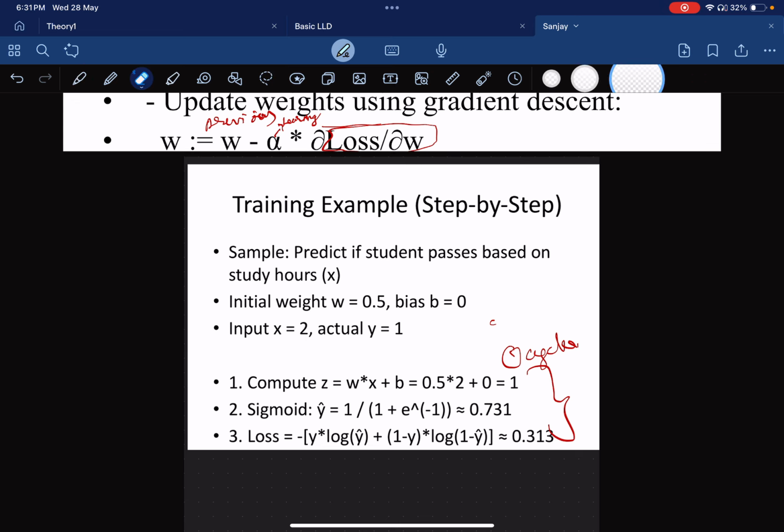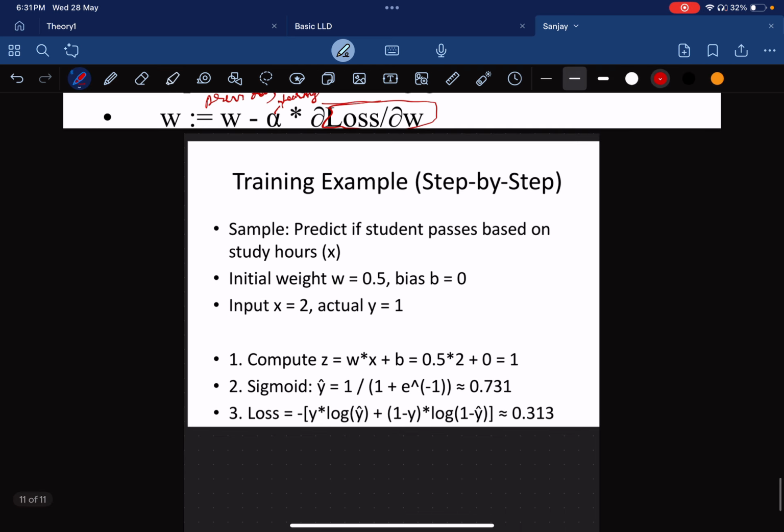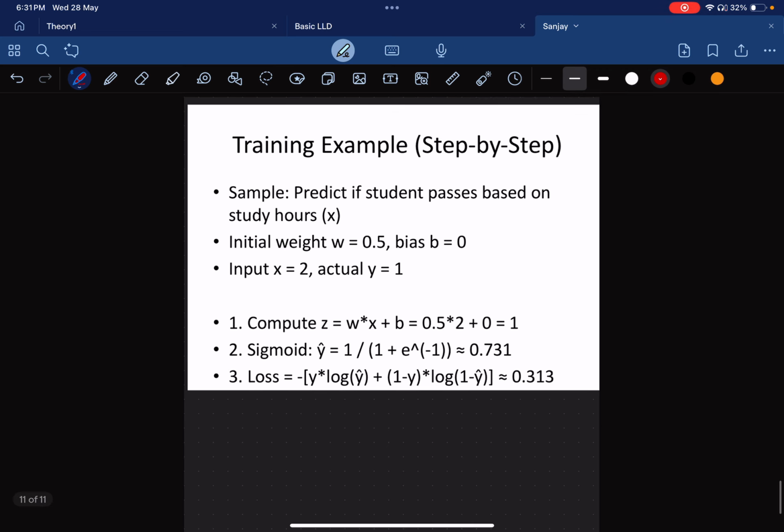Once again, these are the sample steps. First, the model will predict whether the student passed or not based on the study hours. First, we will initialize the weight as 0.5 and bias 0.